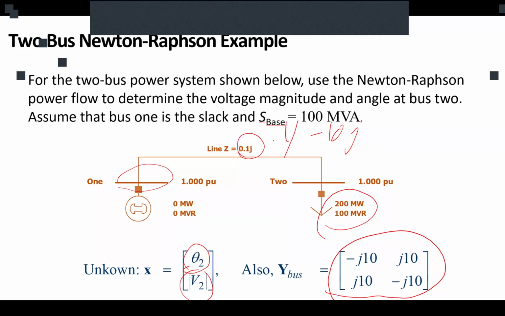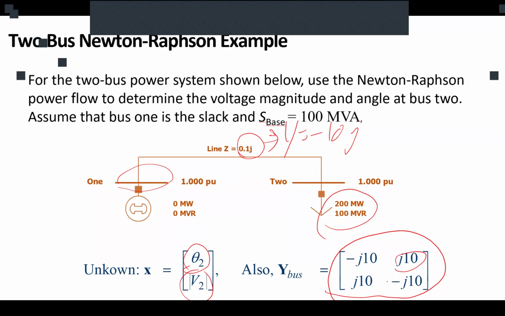The admittance of this impedance is minus 10J. So all the admittances connected to bus 1 are that minus 10J. All the admittances connected to bus 2 are also minus 10J. Now, the admittance between 1 and 2 should be negative of minus 10J, so it is going to be 10J, for entries 1,2 and 2,1.